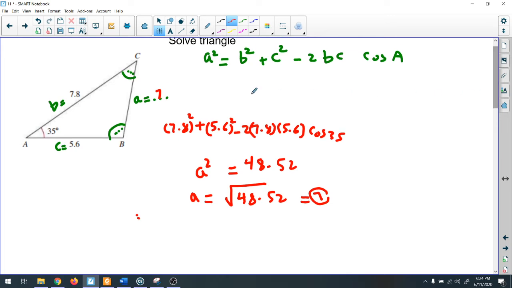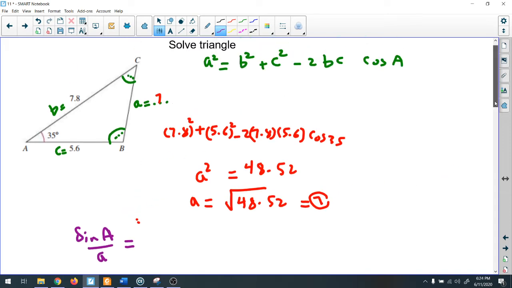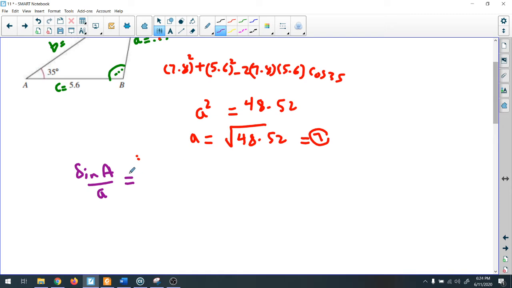So our target here is to set sine of A over side a equals sine of C over side c, since we want to find angle C. Let's plug in all values here.